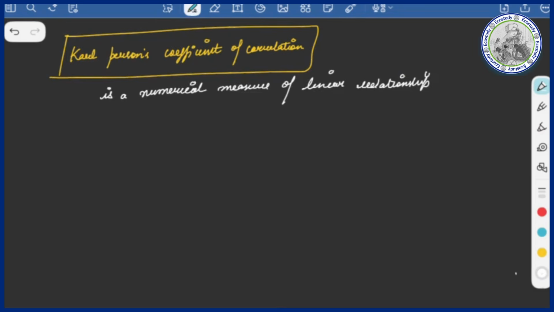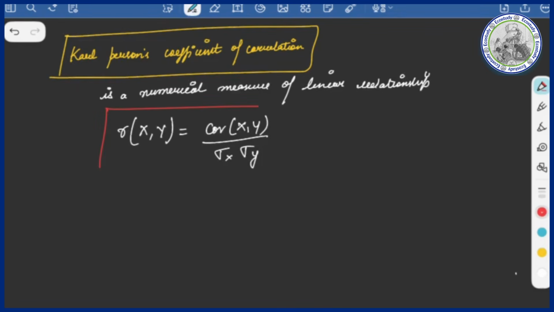The formula for correlation is defined as the covariance of x and y divided by the standard deviation of x times the standard deviation of y. So this is the formula for correlation.